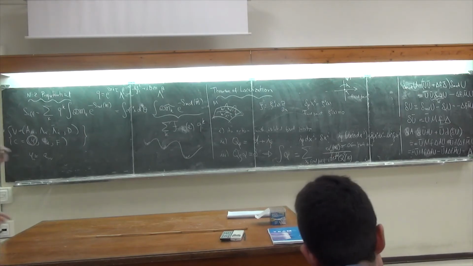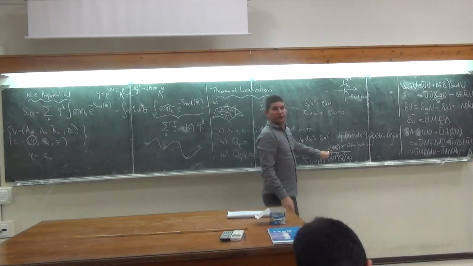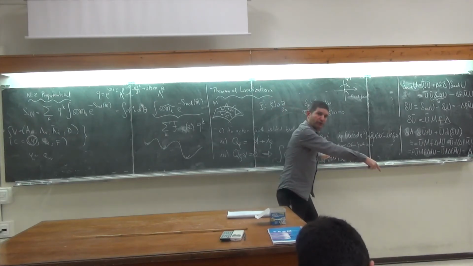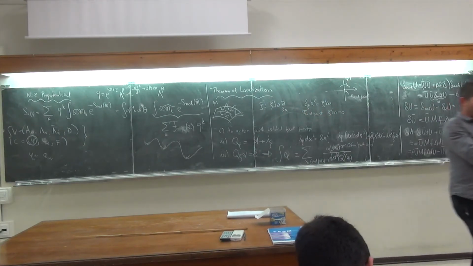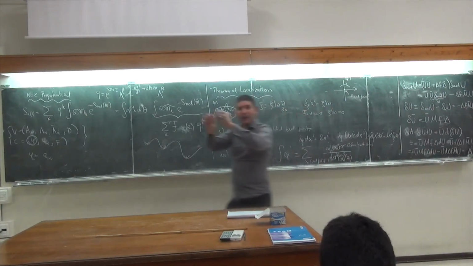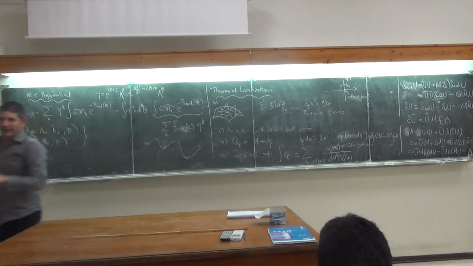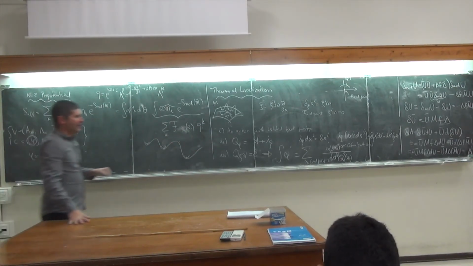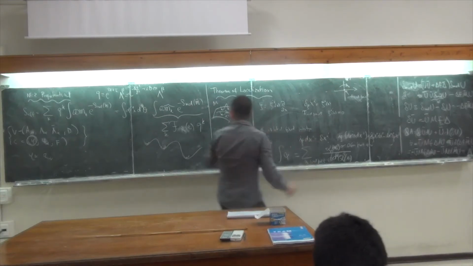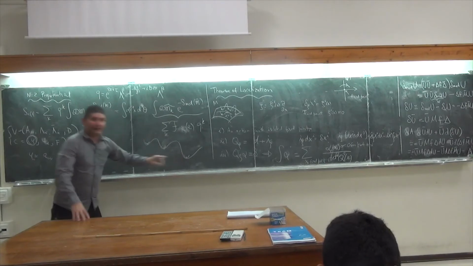Notice the following. You are integrating the top form, but the result is not coming from the top. It's coming from the bottom. So if you have a covariantly closed form, the integral of the top form is determined by the bottom.